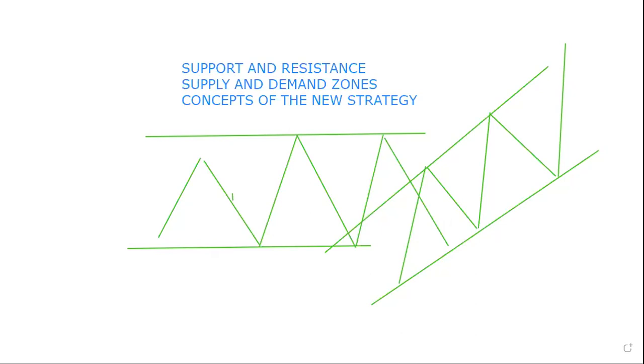They are areas where the big banks and the market makers take their trade. Once they take their trade, you will see an impulse move from those areas, either for a buy or for a sell. When they sell, those areas become a supply zone, and when they buy, those areas become the demand zone. So let's go to the chart so that we will look at some of them.